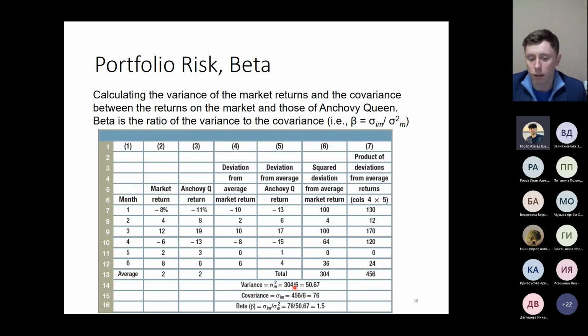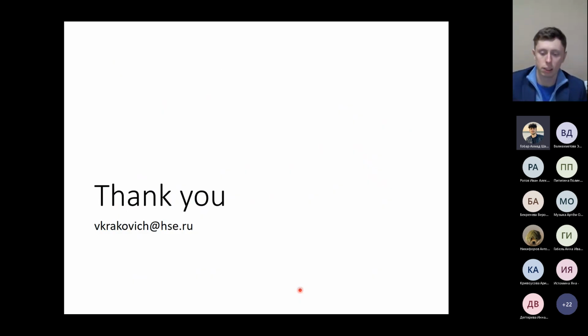We should divide by the actual number of observations. And when you have a choice in Excel, always work with the formulas for population, not for sample, to have the correct answers. This is it.